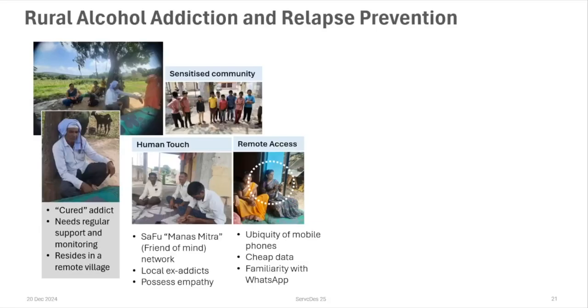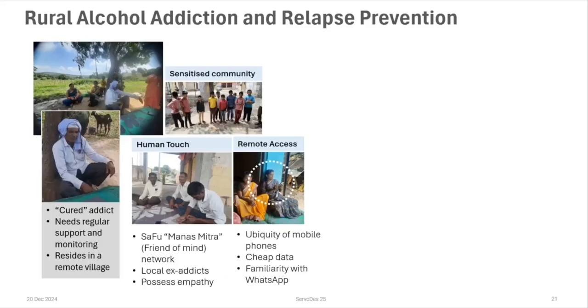Here in Indian culture, if a Manas Mitra visits the house and inquires every day, it will not be seen as intrusion to privacy or intrusion to the person's freedom. So these are the kind of cultural contexts one has to keep in mind, and this was leveraged by Safu.